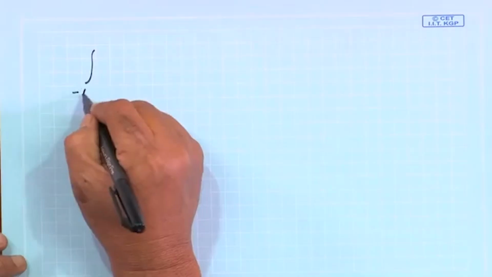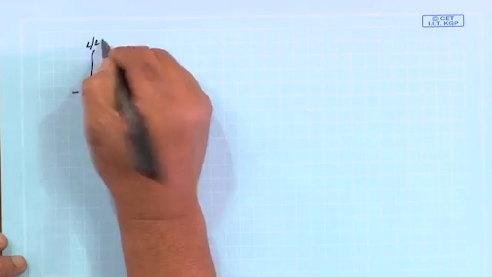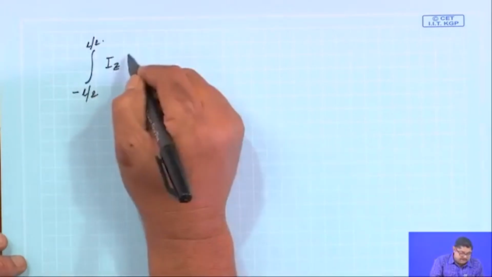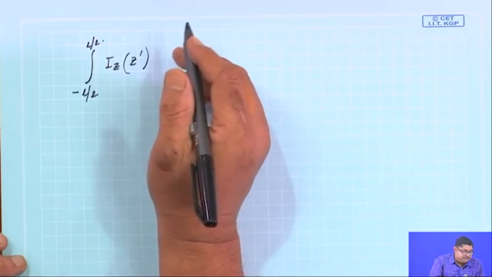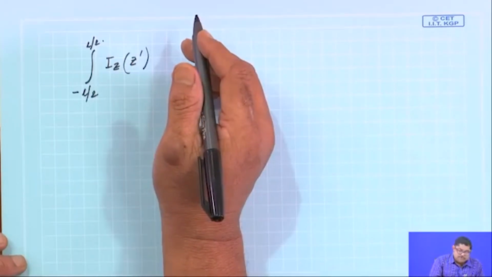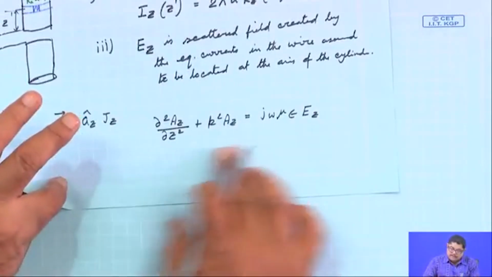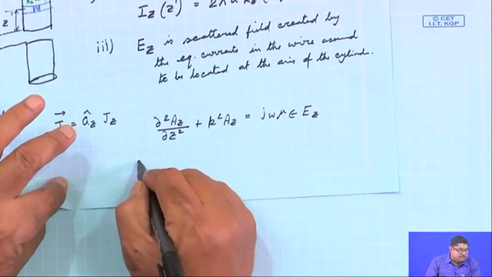So, I can directly go to this Pocklington's formulation. What will be the solution of this thing?